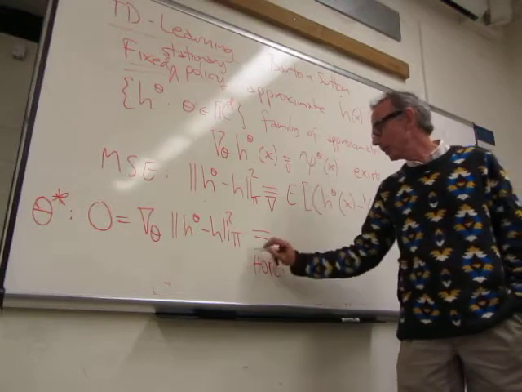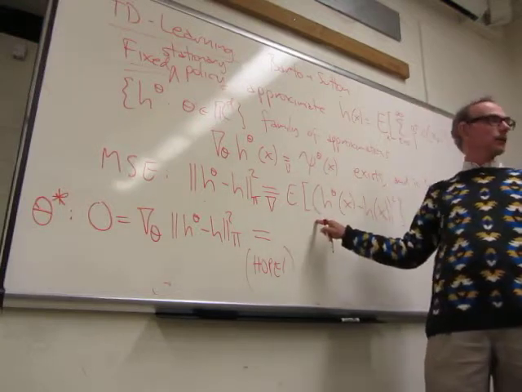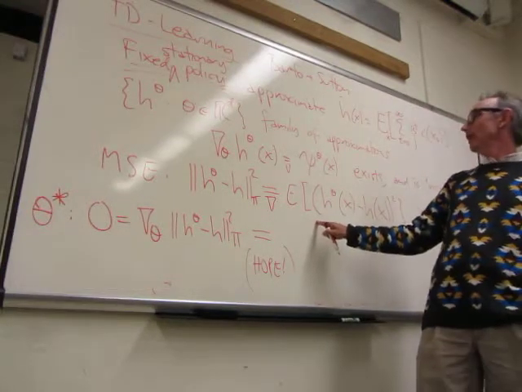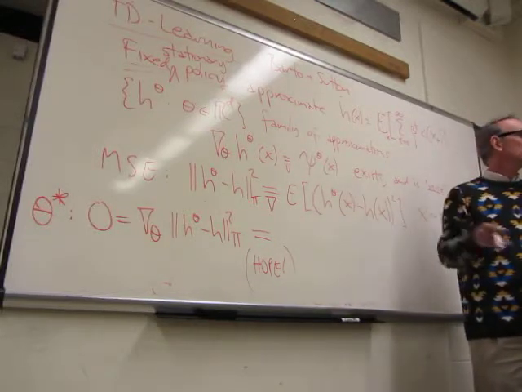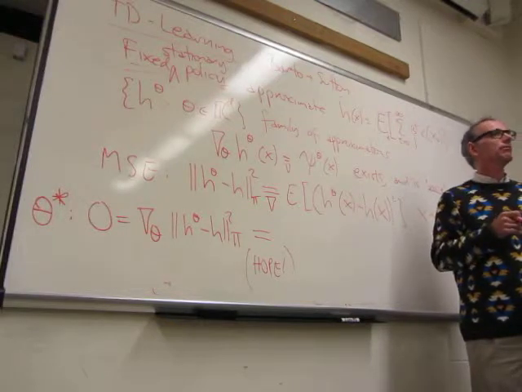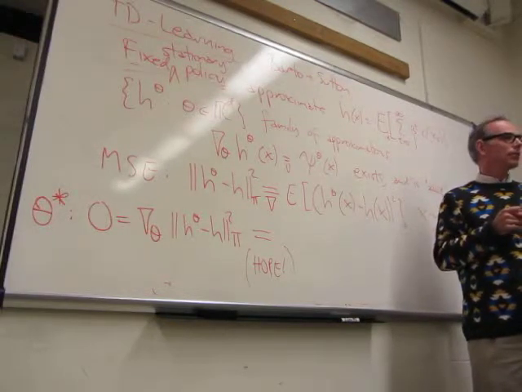And of course, there's some hope here that I can then take the gradient inside the expectation. And that's why I need this to be nice. I'll need some bounds and all that, which I don't have time for. It would take an hour to go through that.